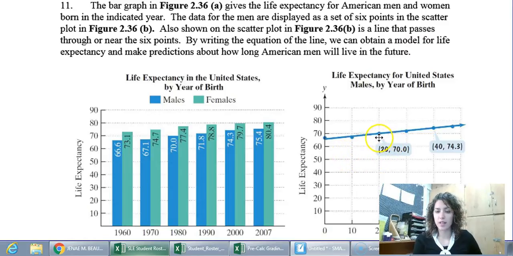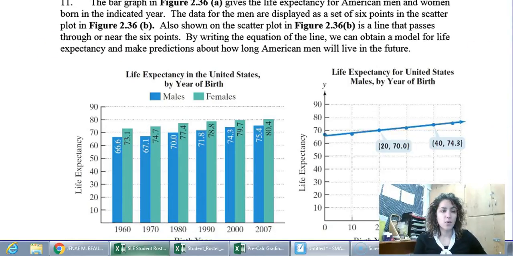So like this one is definitely all the way through. This one's kind of close. That one's near. By writing the equation of the line, we can obtain a model for life expectancy and make predictions about how long American men will live in the future. So this trend line trends with the data we have. And if we find the equation of this line, we can actually keep predicting for other years based on this data. So let's see what our directions say.